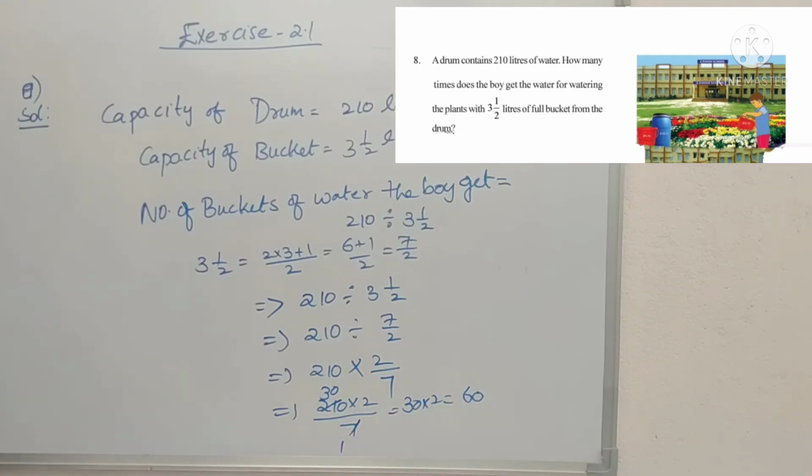So 60. How many times? 60 times. So number of buckets of water the boy gets is equal to 60, or number of times the boy gets water is equal to 60. So in this way we can solve the word problems in our exercise 2.1.